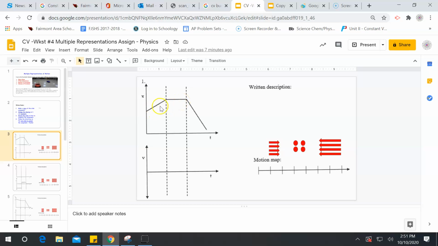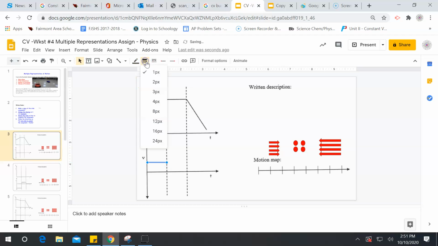So let's say this is a positive slope, so I need to show positive velocity down here. To do that, I'm going to click up here and go line. I'm going to draw this line because this was constant velocity like this for that segment.